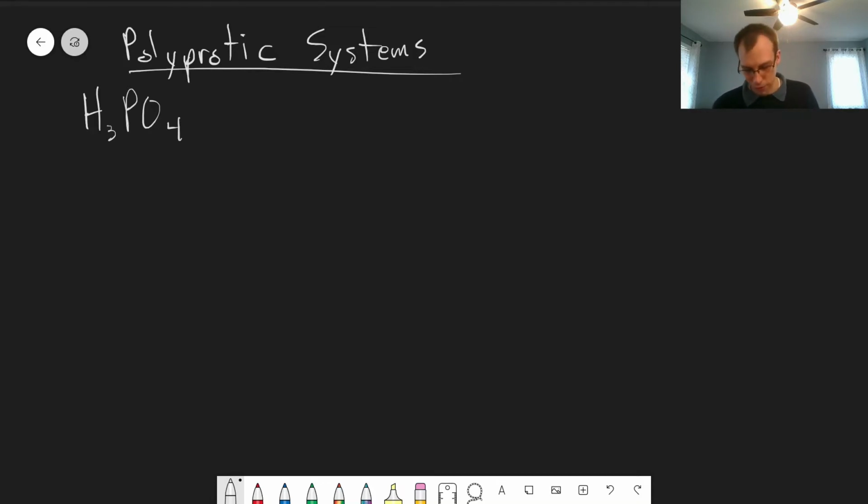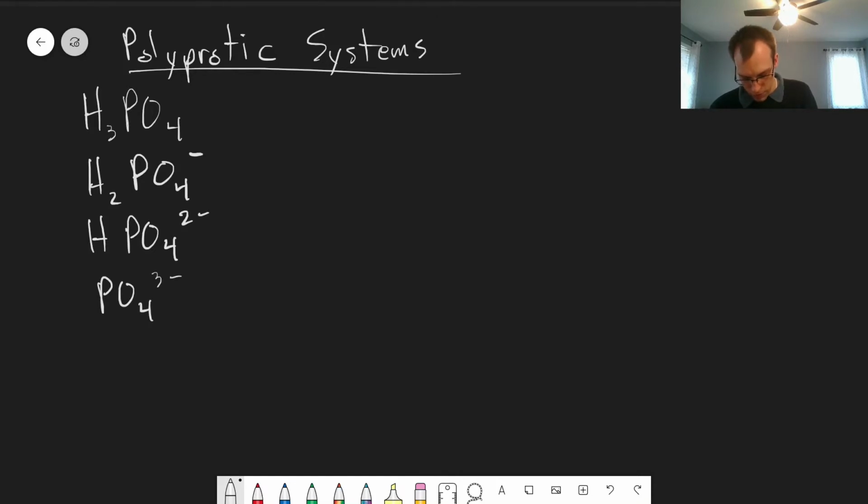We have the fully protonated form here. We can lose a proton and form dihydrogen phosphate. We can lose another proton and form hydrogen phosphate, or we can have the fully deprotonated form that's just phosphate. So now we have 4 different species we can look at. And how we approach each of these depends on which of these we're looking at.